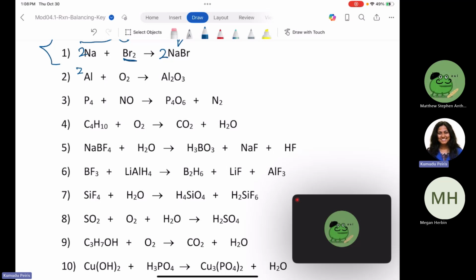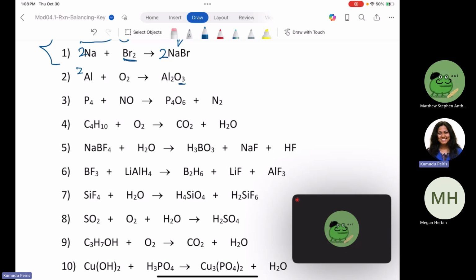But when you look at the oxygen, the oxygen has 3 moles, 3 oxygens on the product side, but on the reactant side, we have 2. So we should now bring a common number to balance out the oxygens.